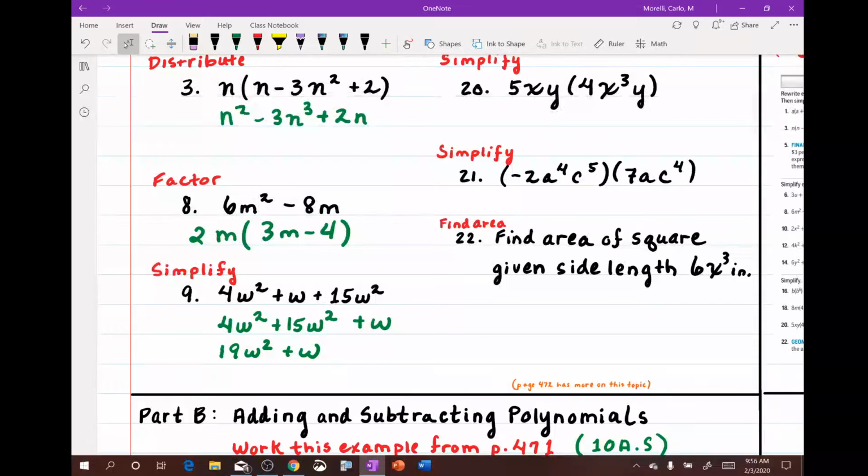And then I pull out a w to give me w open parentheses 19w plus 1. Because w divided by w is 1. This is something I want you all to be real careful with, okay? So number 9, that was something you need to pay attention to.